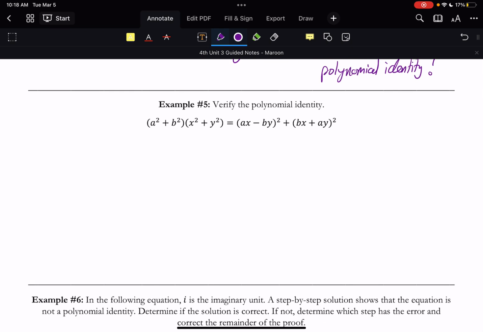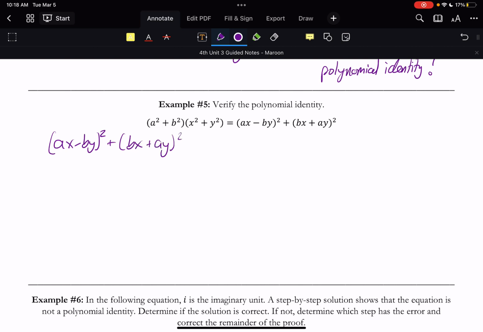Number 5. So in your brains, there's kind of a couple different ways that we can do this. I'm going to start with the right side, and you're going to see why. So I have ax minus by quantity squared plus bx plus ay quantity squared.